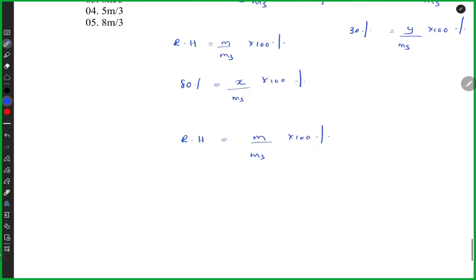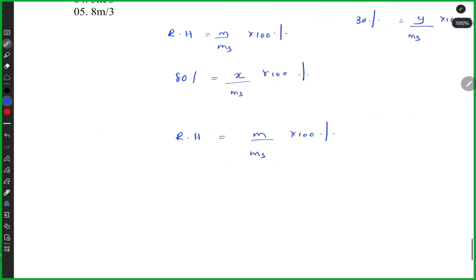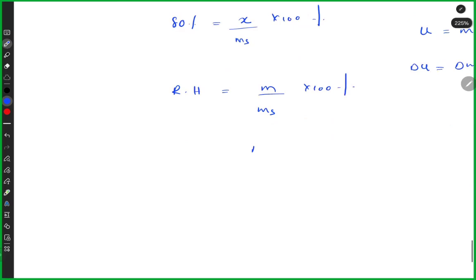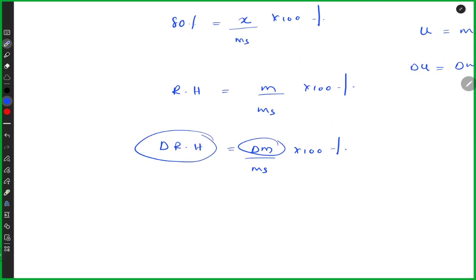I think I've told this in upthrust also: upthrust is equal to mg, so a change in the weight is equal to a change in the upthrust. Similarly, if I cause a change in the mass and divide that by the mass to saturate, multiplied by 100%, I get the change in the relative humidity.